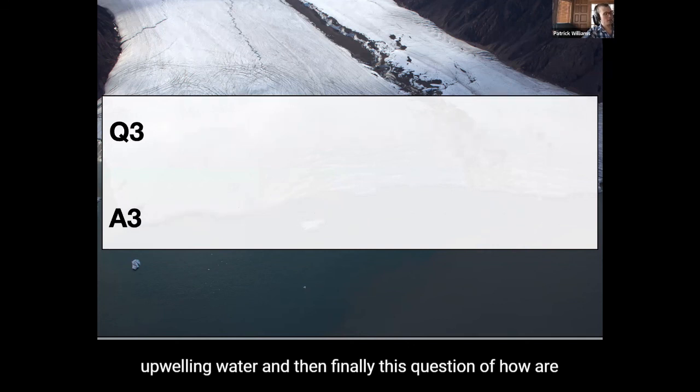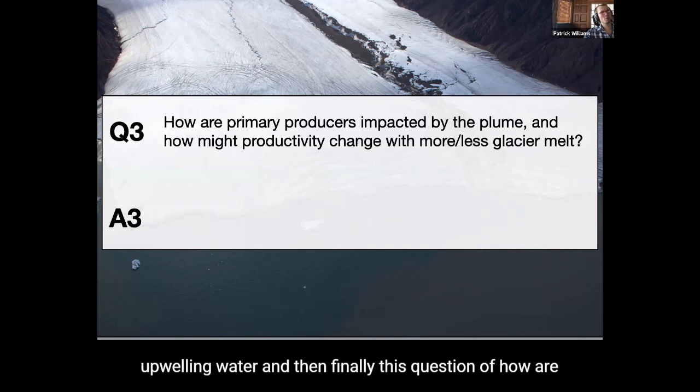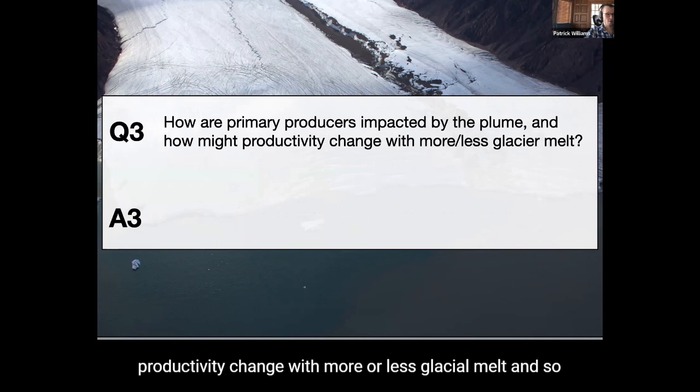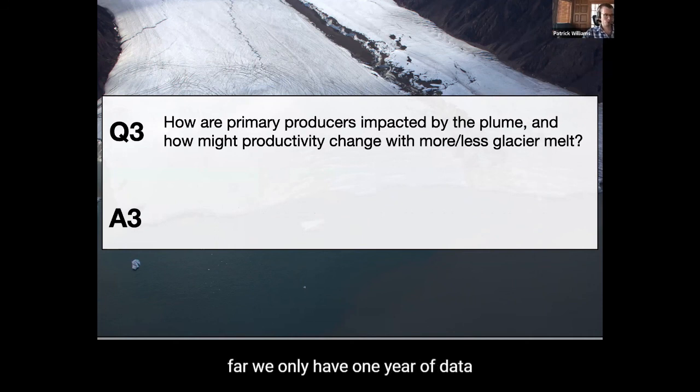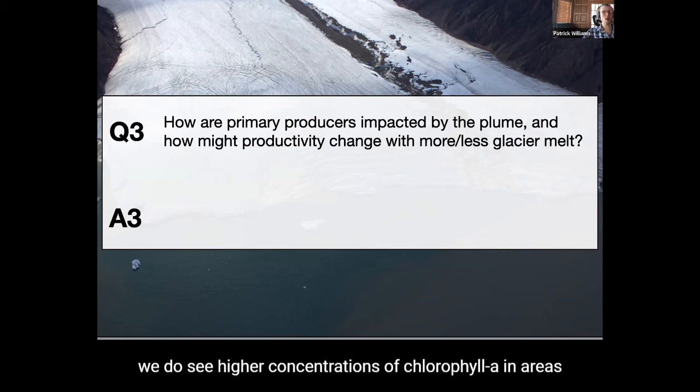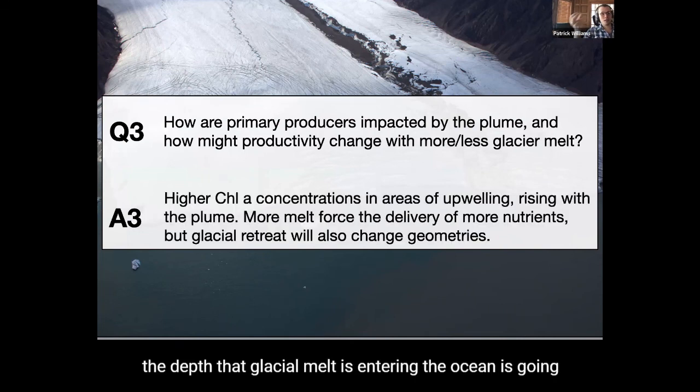And then finally, this question of how are primary producers impacted by the plume, and how might productivity change with more or less glacial melt. So far, we only have one year of data, so answering this question of change is difficult. But we do see higher concentrations of chlorophyll A in areas of glacial upwelling. As glaciers retreat, the depth that glacial melt is entering the ocean is going to change.